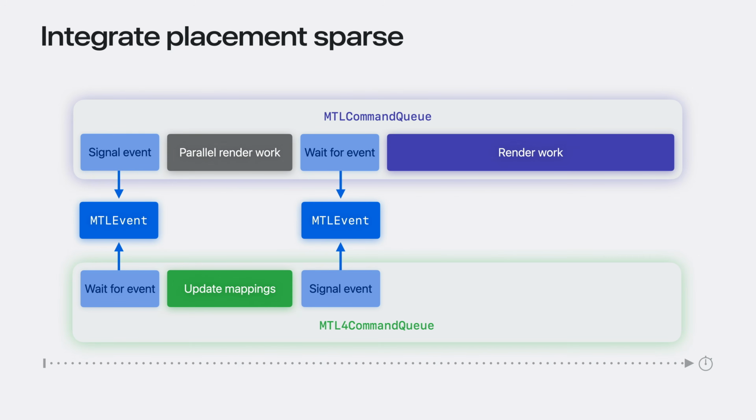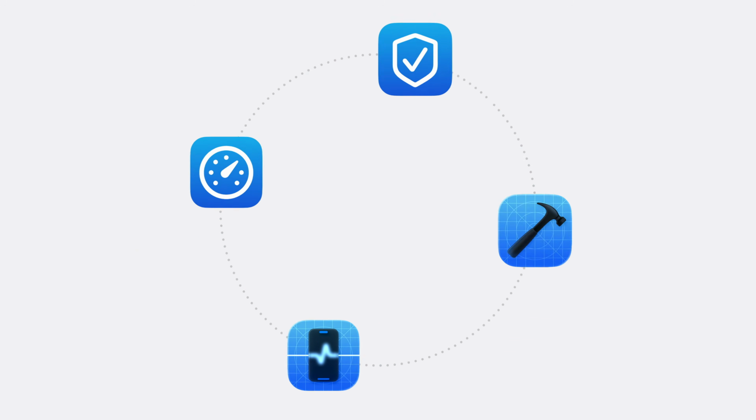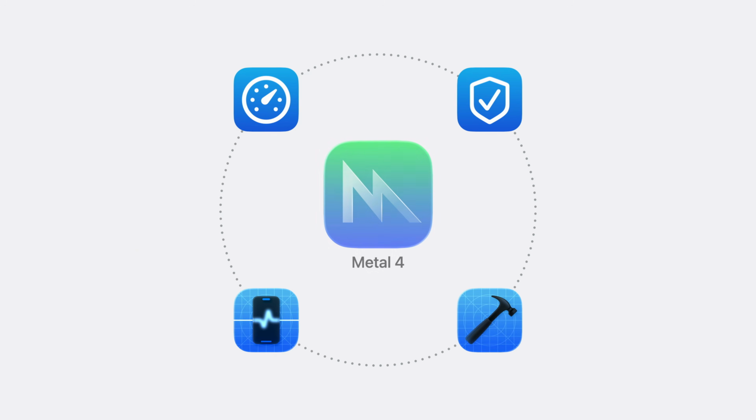Your app should submit work that doesn't depend on those resources before waiting on the event to ensure the hardware remains fully utilized. Metal comes with an advanced set of developer tools to help you debug and optimize your Metal apps. And this year, these same tools come with support for Metal4. API and shader validation save you valuable time by identifying common problems, and a comprehensive Metal debugger helps you deep dive into your Metal4 usage.